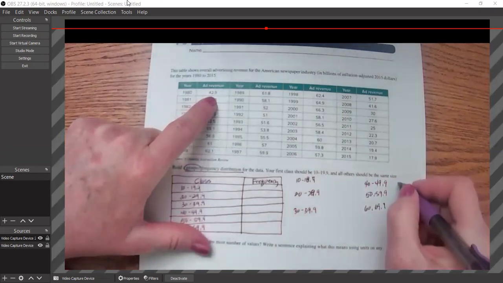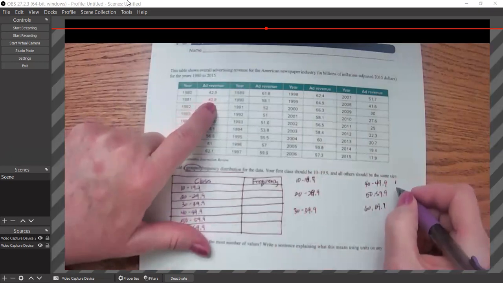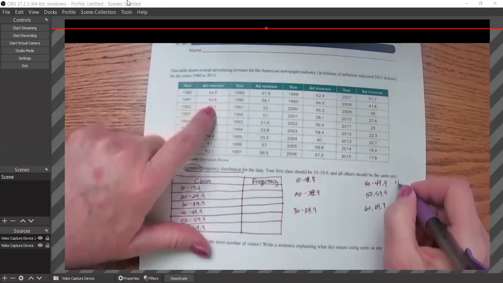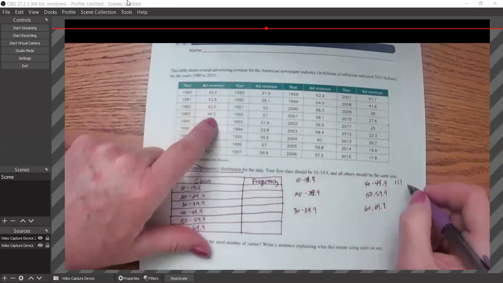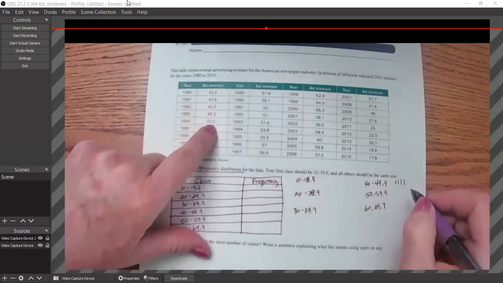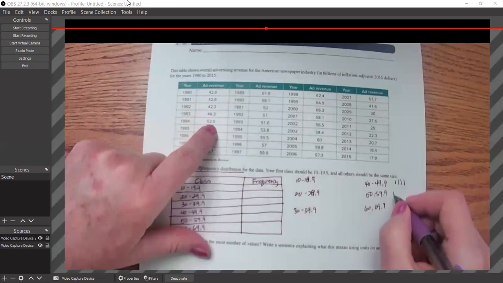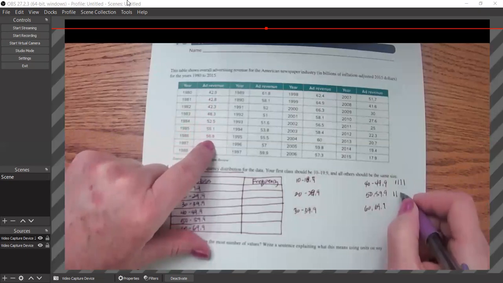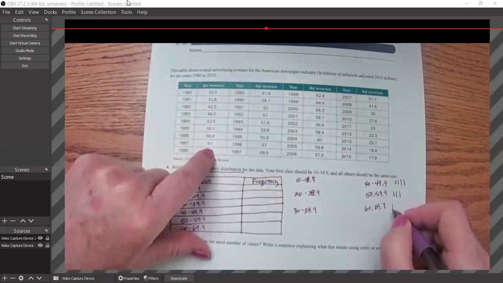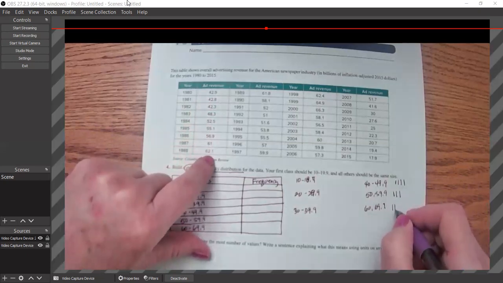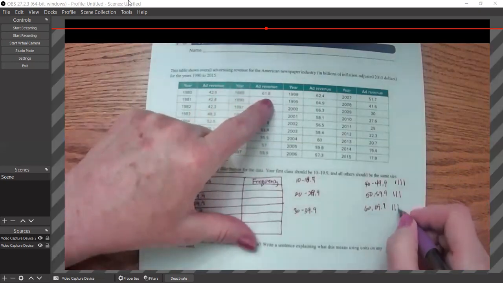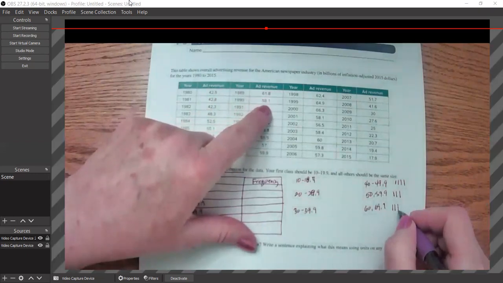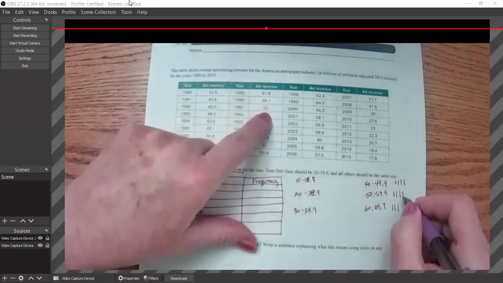42.9, 42.8, 42.3, that's the third tick, 48.3, 52.5, 55.1, 56.9, 61, 62.1, 62.8, 58.1.